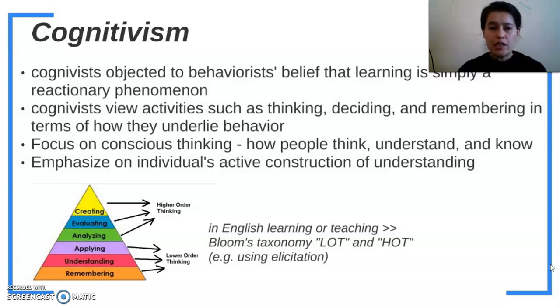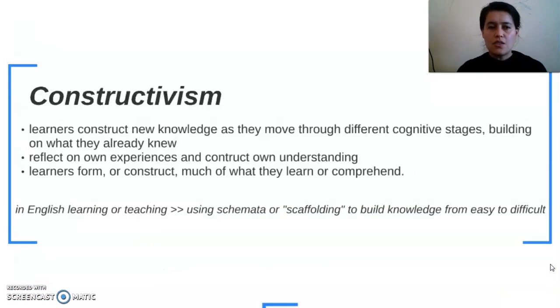Remembering, understanding, and applying are the lower order of thinking. And creating, evaluating, and analyzing are the higher order of thinking. And constructivism. What does it mean?